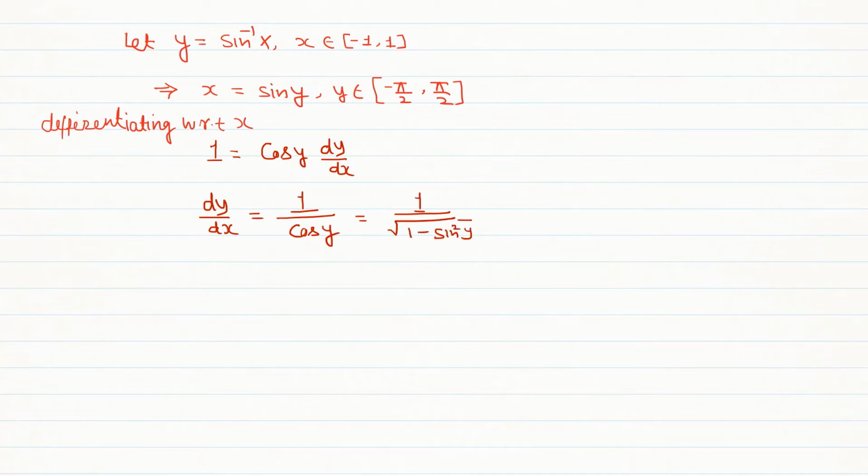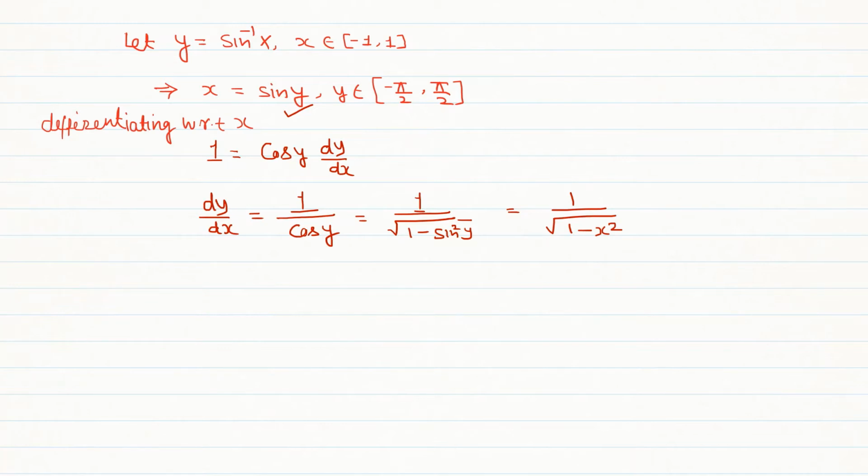Now from here we know the value of sine y is already x. So substituting this value over here, it's 1 upon under root of 1 minus x square. So the derivative of sine inverse x is coming as 1 upon root 1 minus x square.